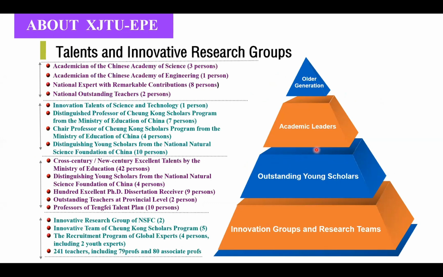For the 428 teachers, as you can see, we have a pyramid of talent and innovative research groups: the academicians, the outstanding scholars and outstanding young scholars, and also the research teams and groups.